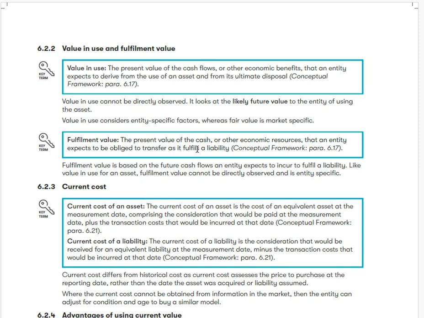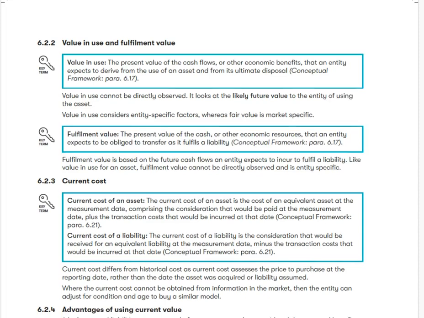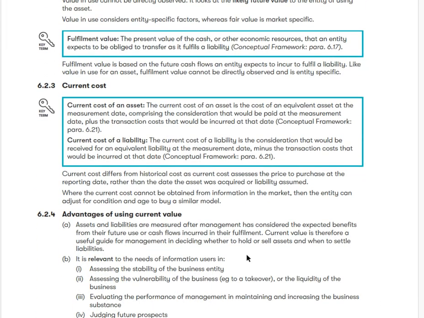Fulfillment value is based on the future cash flows an entity expects to incur to fulfill the liability. Like value in use for an asset, fulfillment value cannot be directly observed and is entity specific. It is entity specific, not a market specific thing.